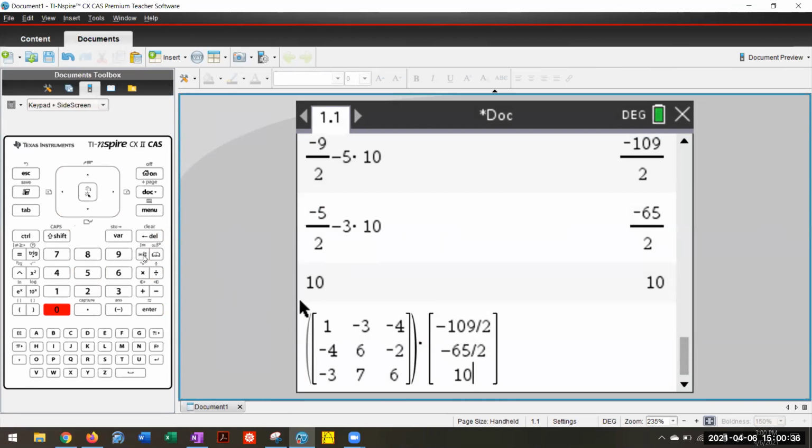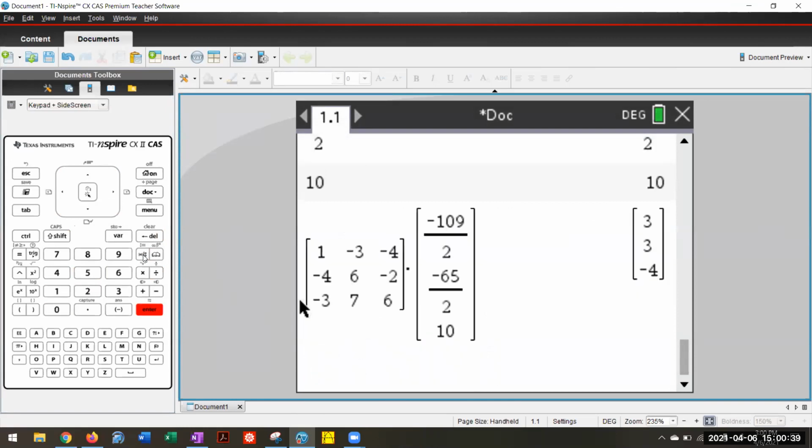The output better be B. Let's see if it is. 3, 3, -4. It worked. So that vector that I put there is one of the infinitely many vectors that becomes 3, 3, -4 after the transformation. Follow that okay?